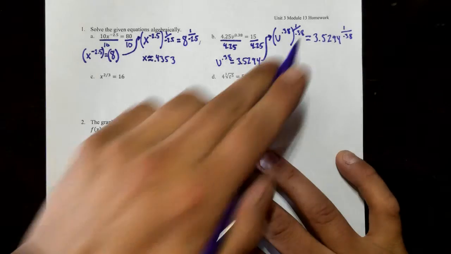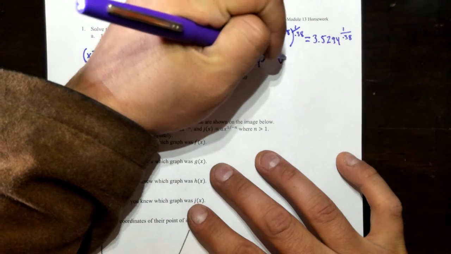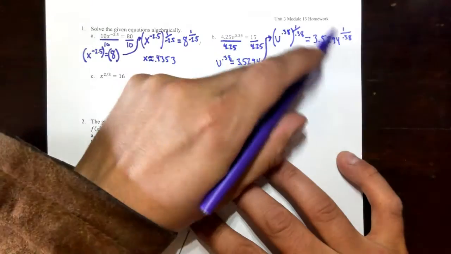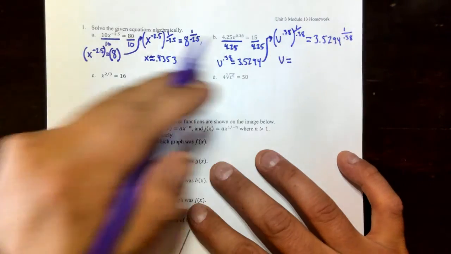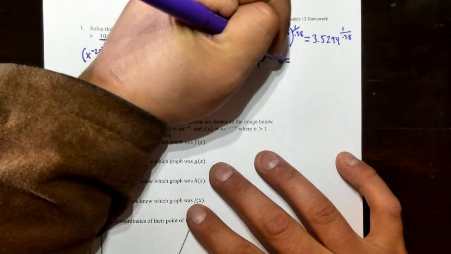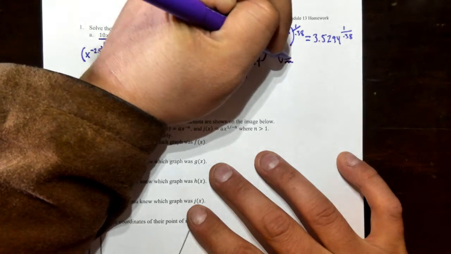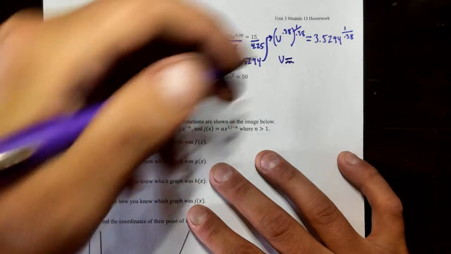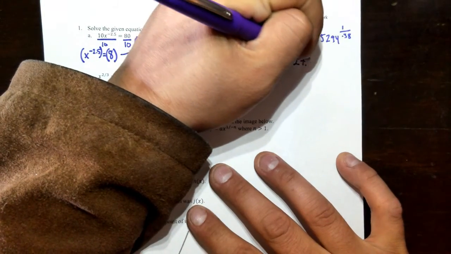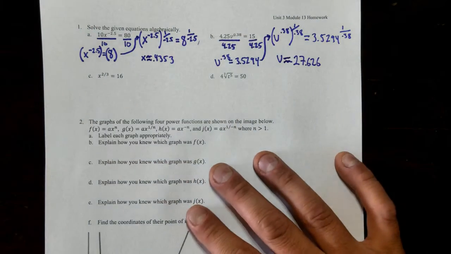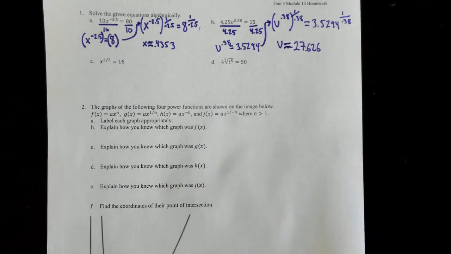Doing this will just give us v. And if we raise this to the 1 over 0.38 power, we're going to get roughly 27.626.